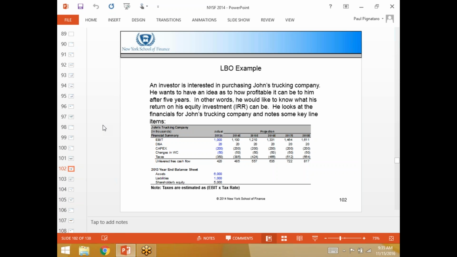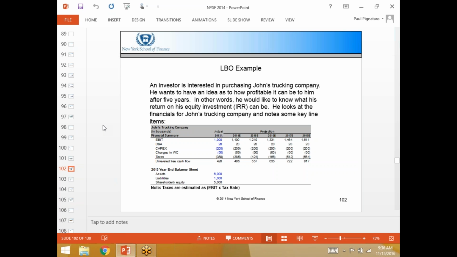I got 11,987.9. The exit is 11,987.9. That's the exit. But that's not what we get, right? It's not a return. Now what do we have to do?